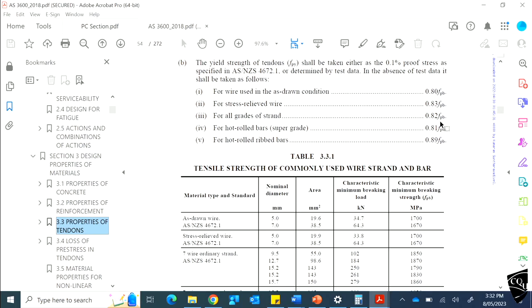So that means if the breaking load is 184, your yield load will be 82% of this one.